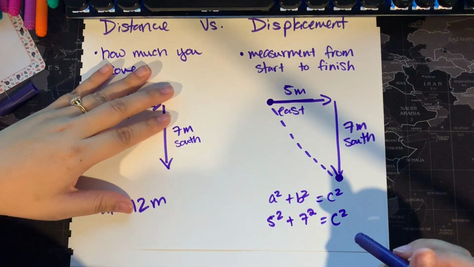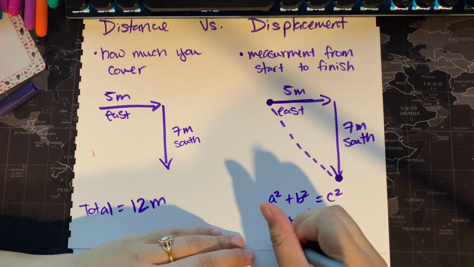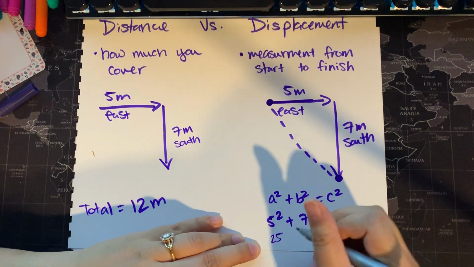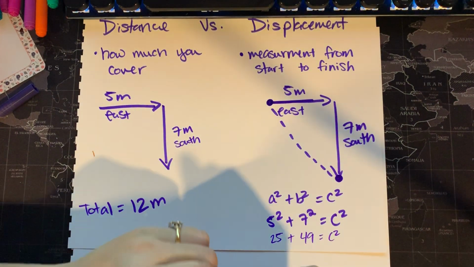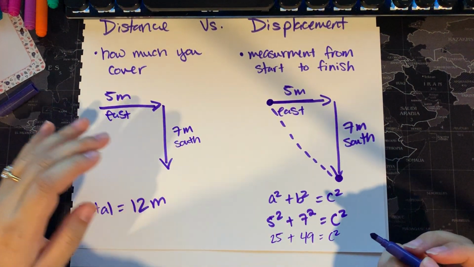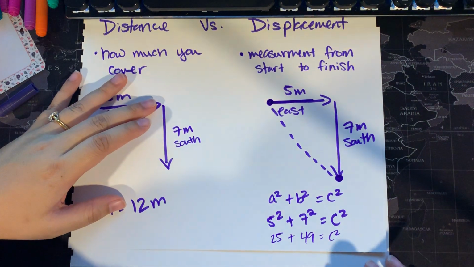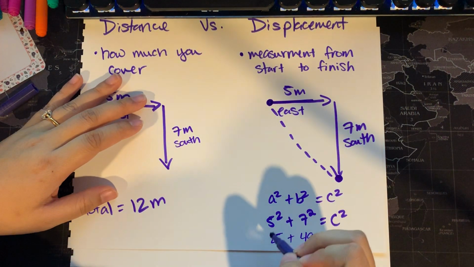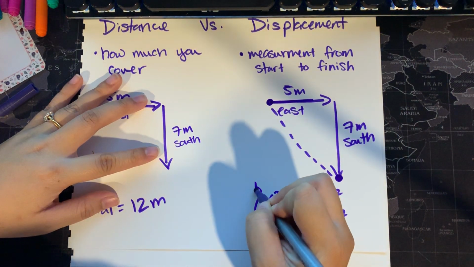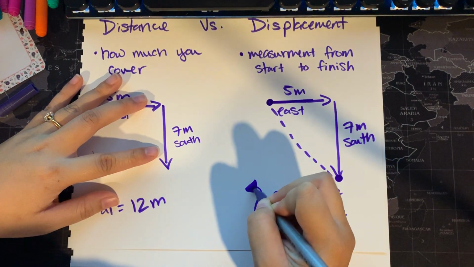All right. Does everybody see that? So we have 25 plus 49 is equal to c squared. Okay, let me move that. I'm just going to continue it over here so I don't have to use another piece of paper already.